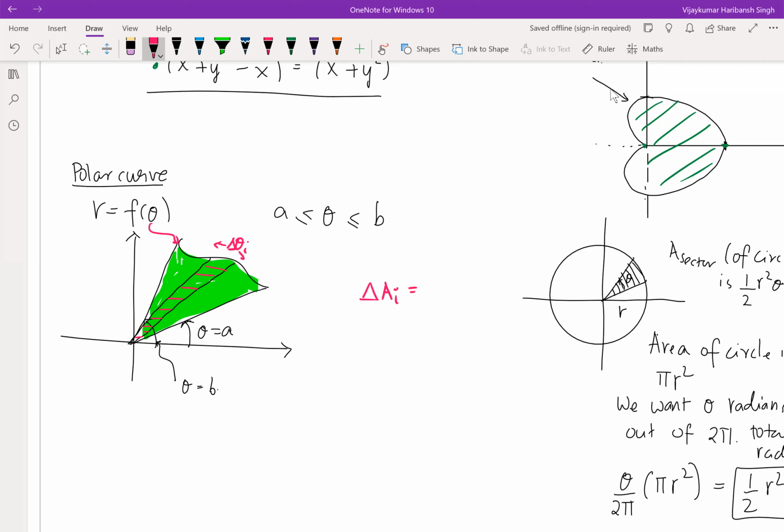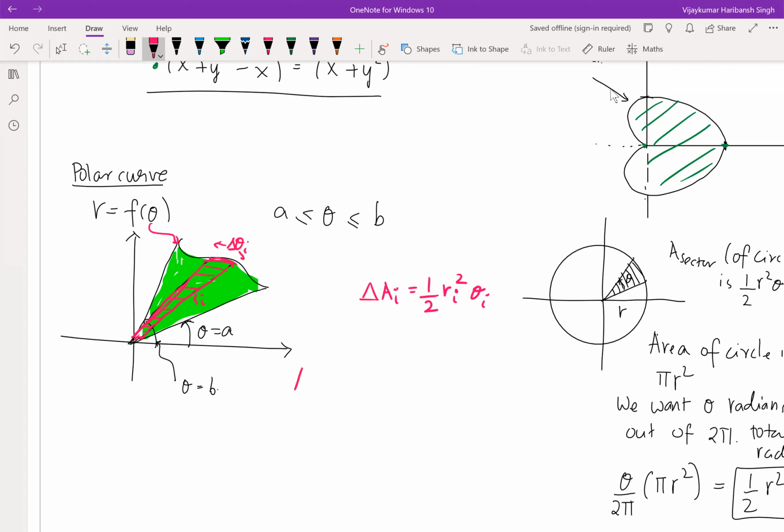Let's call this rᵢ, and we'll think that this is also approximately rᵢ. So the area is going to be half rᵢ² Δθᵢ, because we are approximately thinking about this as a sector in a circle. So we get ΔAᵢ = half rᵢ² Δθᵢ.